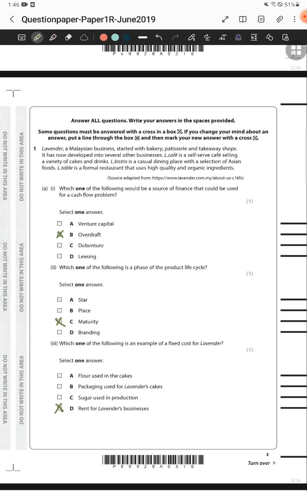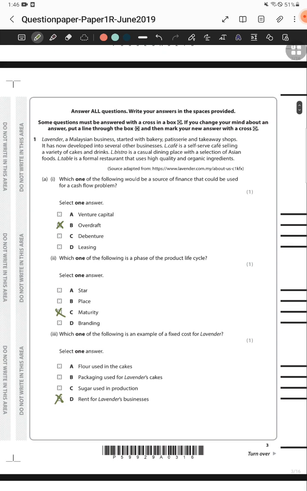El Bistro is a casual dining place with a selection of Asian food. El Table is a formal restaurant that uses high quality and organic ingredients. Now lavender is a business, but it has several other businesses under it. I've already answered this paper to save time, but I'm still going to show you how you should answer.